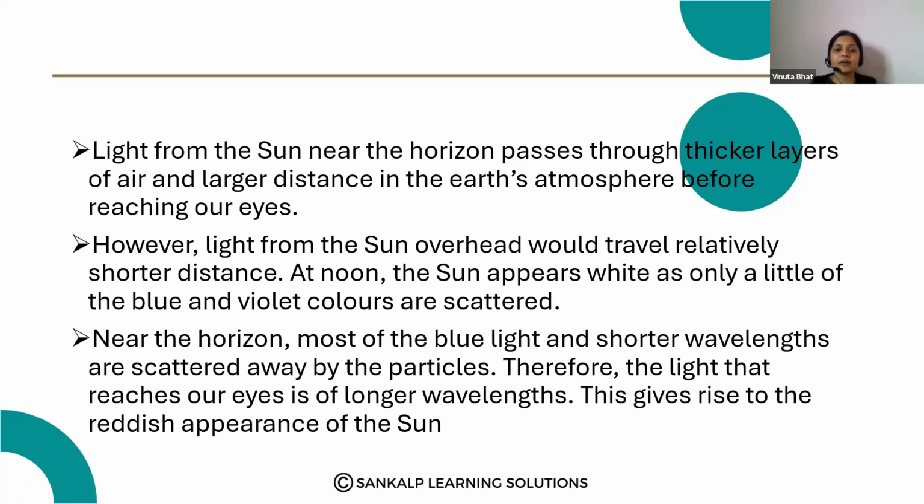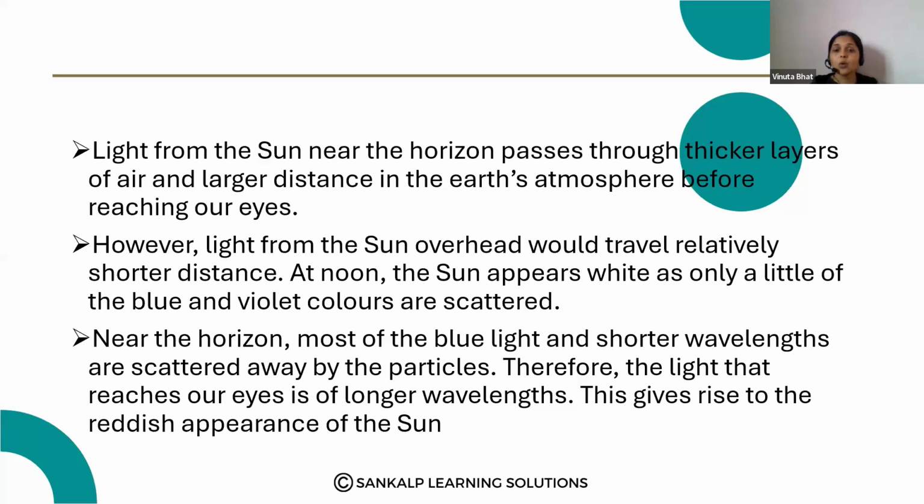However, light from the sun overhead travels a relatively shorter distance at noon, and the sun appears white as only a little of the blue and violet colors are scattered. So this is why the sun looks white during noon.